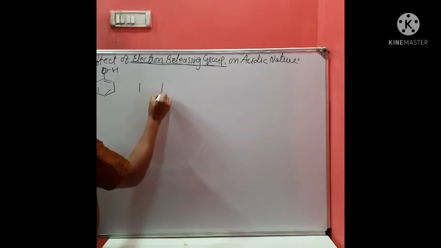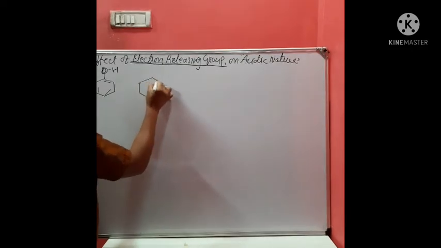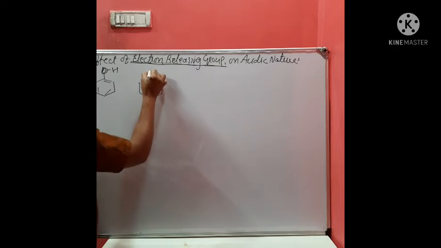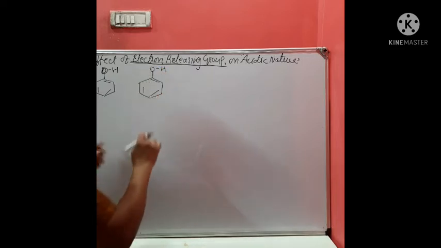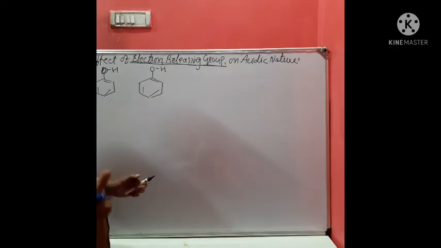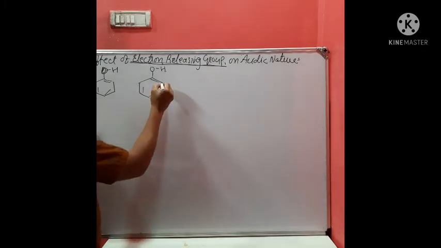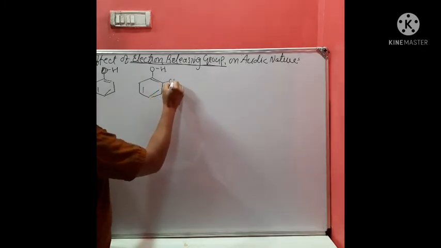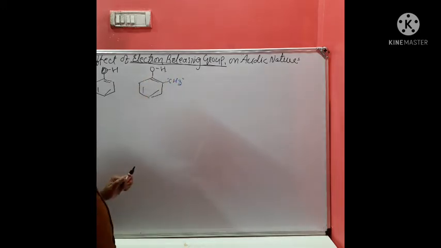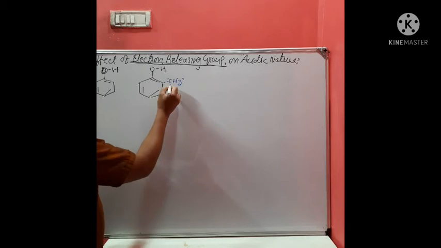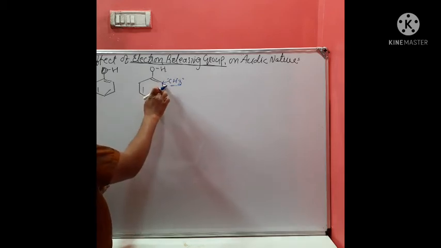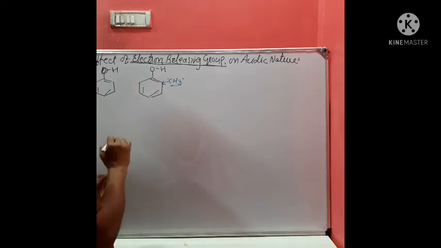Now I am drawing some compound having a group which has electron releasing nature. Now student, you should know that if alkyl radicals are attached to the benzene ring, then they show electron releasing nature. Look here, the direction of the arrow is from CH3 to the benzene ring.